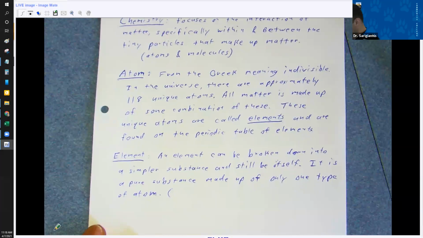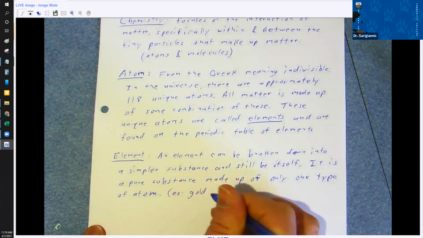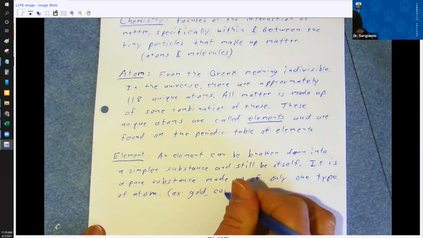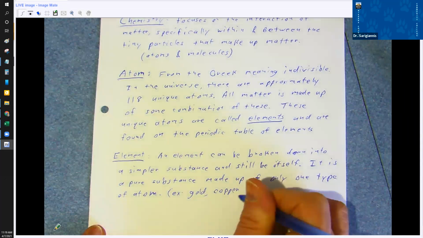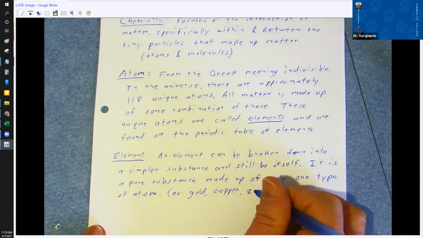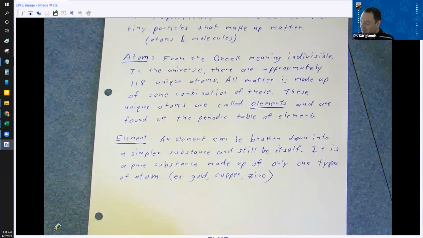So for example, gold, copper, what else? I don't know, zinc. Interesting, I chose all metals here. So the element, right? If I say I have a pure element here, well, that's kind of redundant.